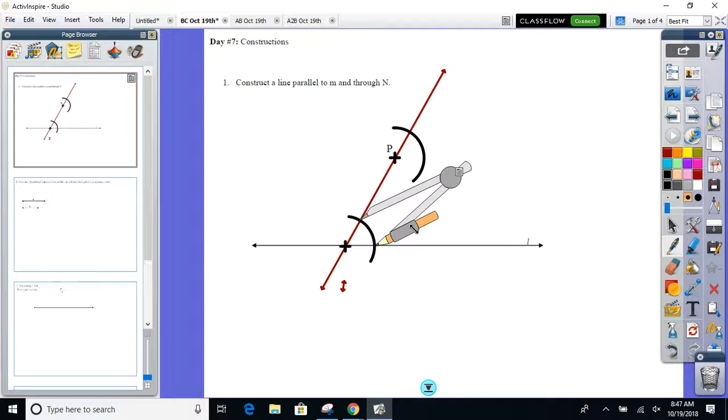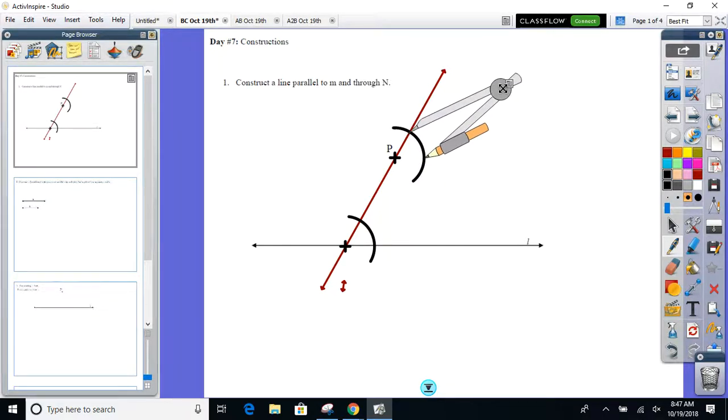Okay, here? But aren't I copying it up here? Well, you have to. Not on P, but where that arc intersected your ray that you're copying it on.